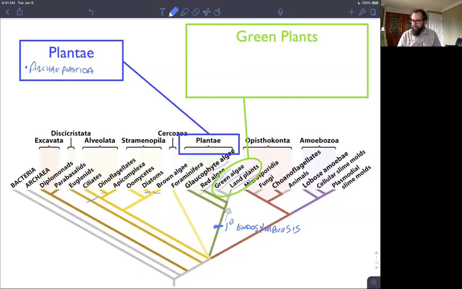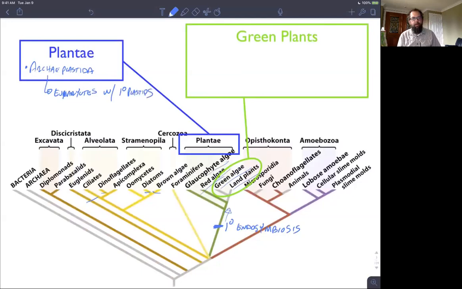And so everything that we call Archaeplastida contains plastids that are the origin from primary endosymbiosis. And I'll explain that in just a second. But before I do that, I want to just define Archaeplastida here then, are eukaryotes with primary plastids.